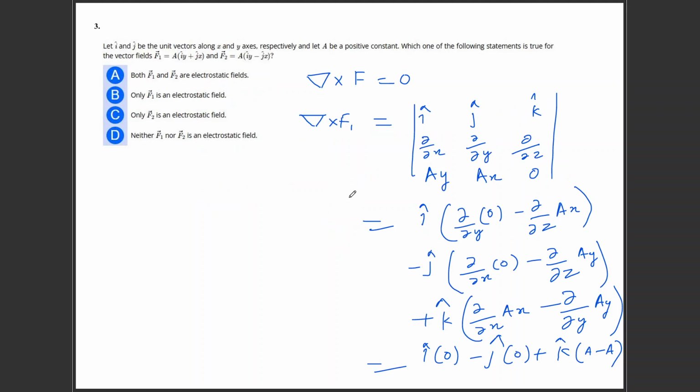So what is it? F2 x component is ay and y component is minus ax.